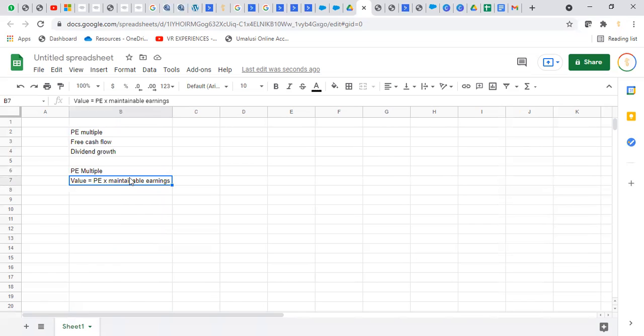Then we have maintainable earnings. Maintainable earnings is basically the profit after tax number for the company you are looking at. However, included in that profit number could be items that won't take place in the future. So it could be once-off irregular items, or market value adjustments. You want a number that is sustainable, that is maintainable into the future.